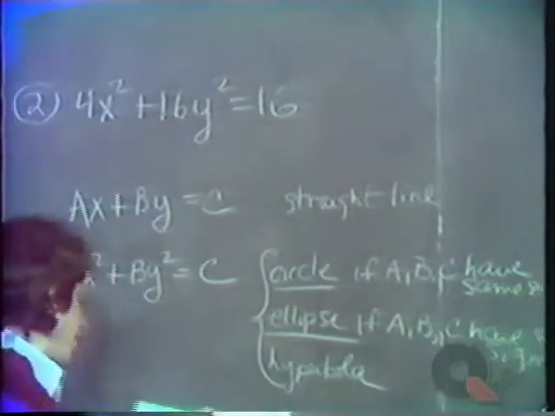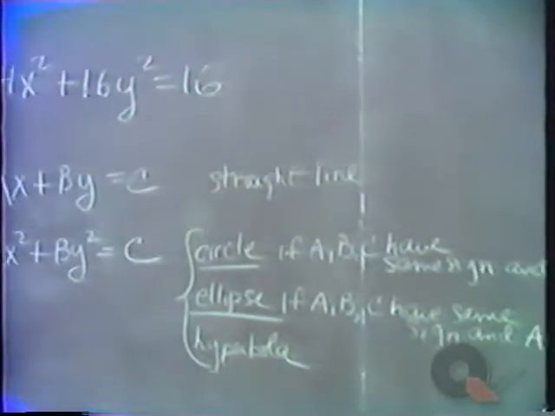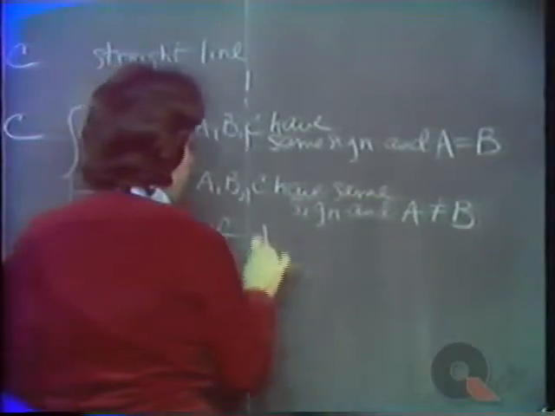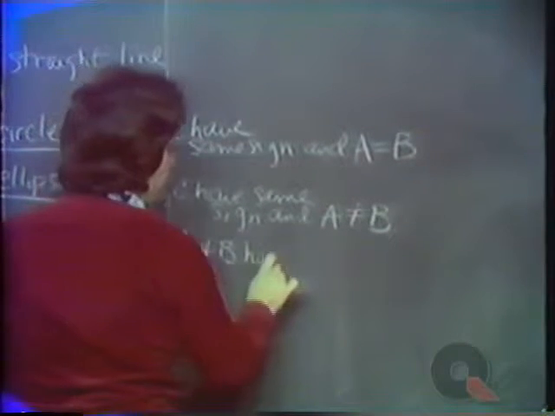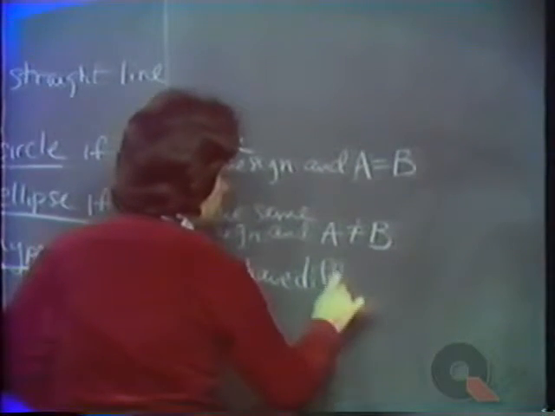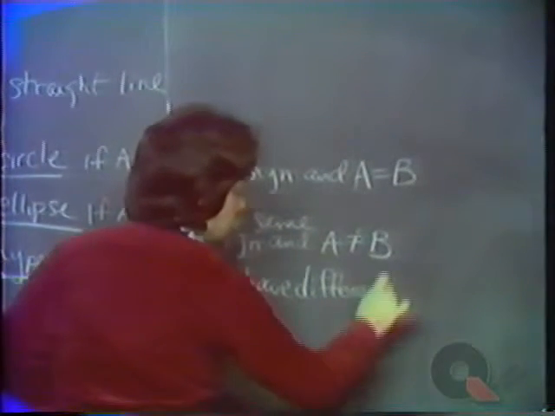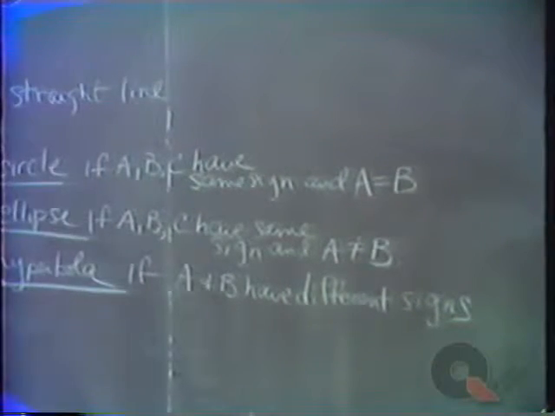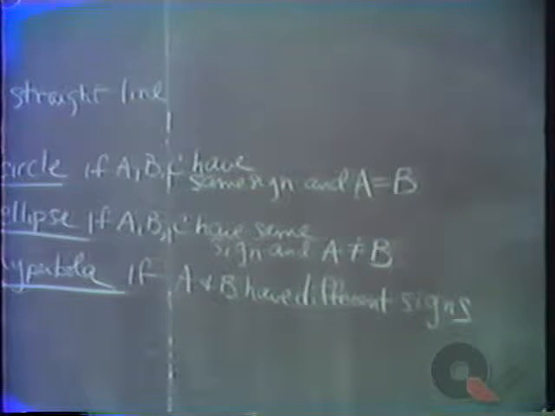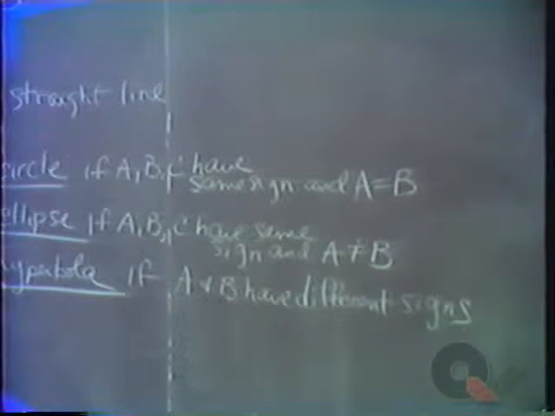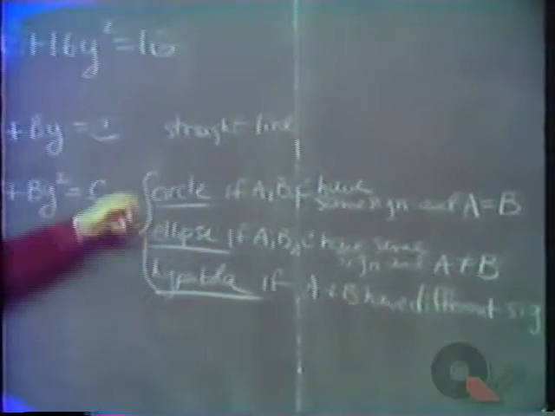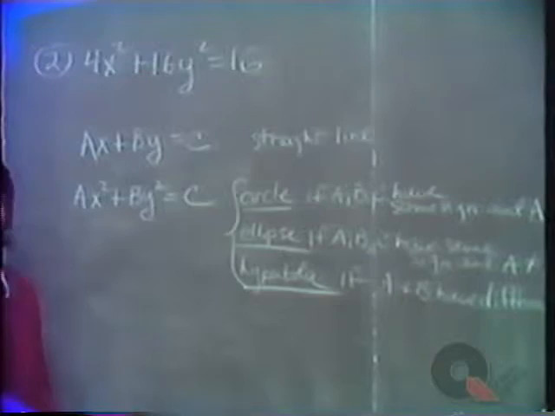And finally, the last choice, hyperbola, if a and b have different signs. So when both x and y are squared, it can be either a circle, ellipse, or hyperbola.